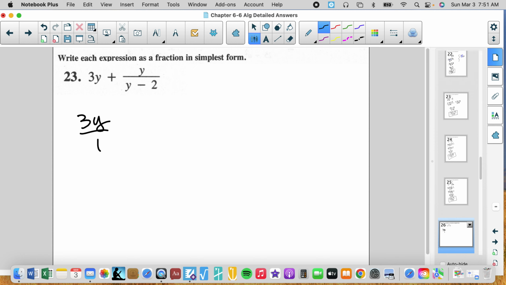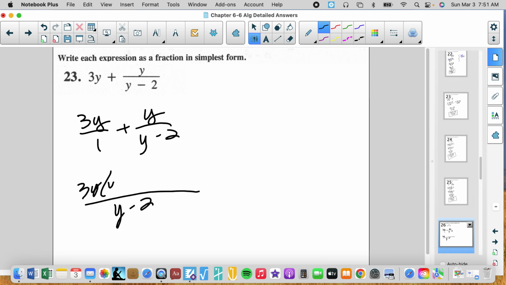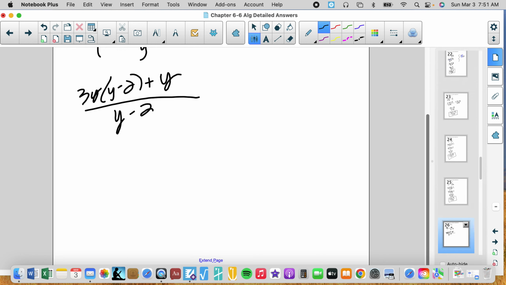3y over 1 plus y over y minus 2. Common denominator is y minus 2. 3y times y minus 2 plus y. And we see the similarities to these. The repetition isn't a problem.